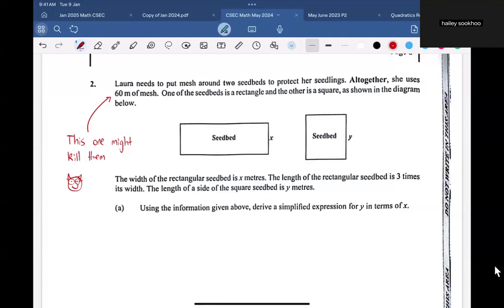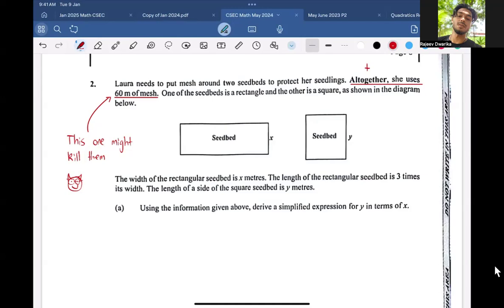So anytime you see altogether, that means add. In the last question it was difference, and difference was subtraction. Okay, let's move on.